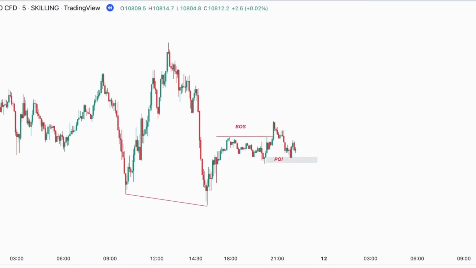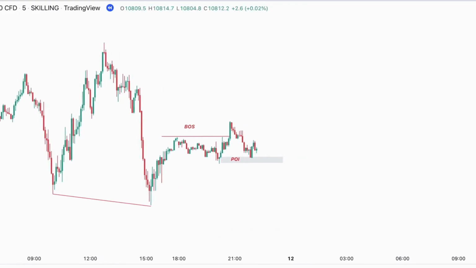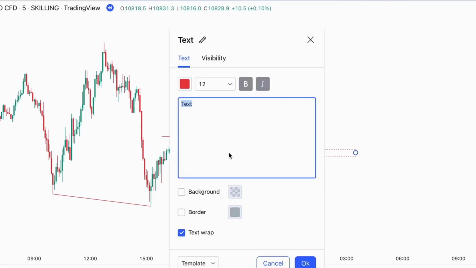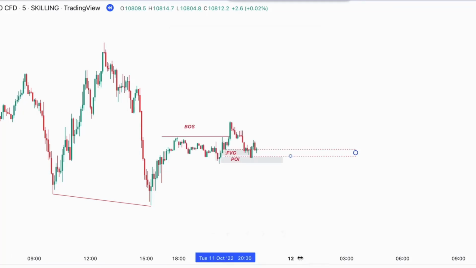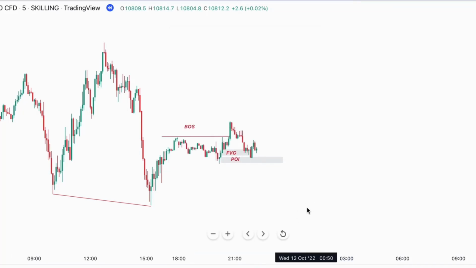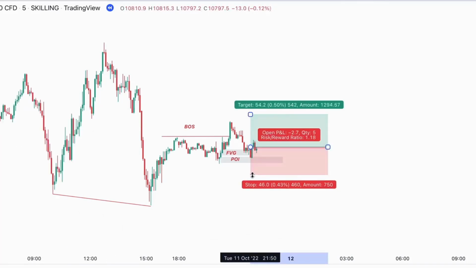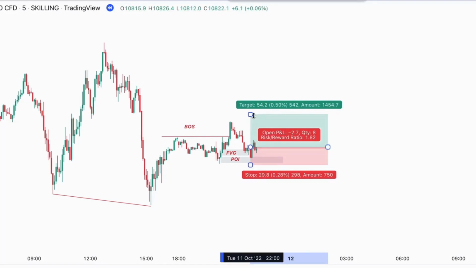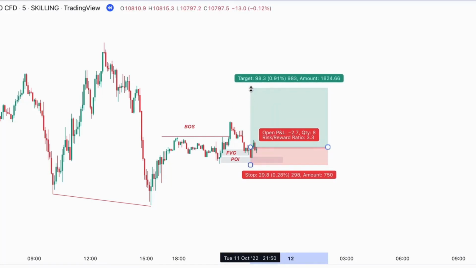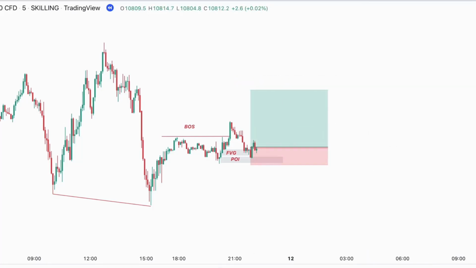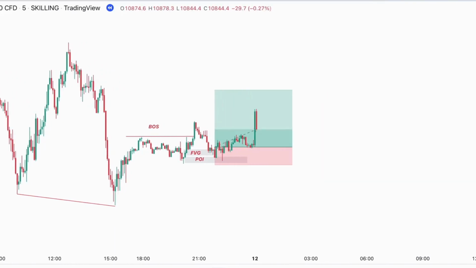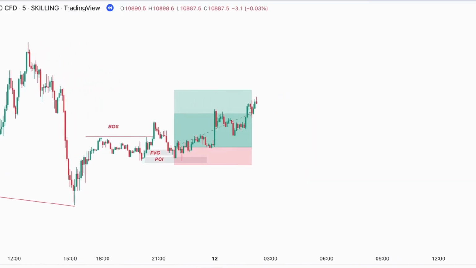So we wait for price to get to the discount level and to fill this small fair value gap before taking our long entry. We'll put our stop loss below the order block and we'll target the buy side liquidity level. And our target is hit.